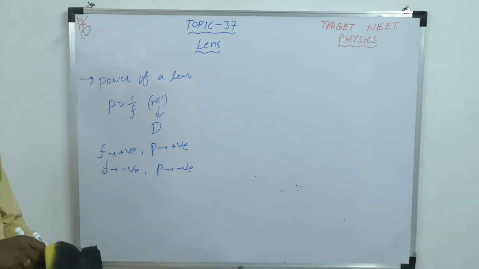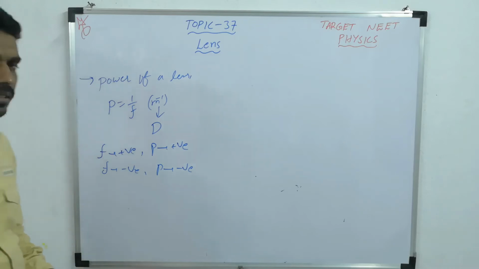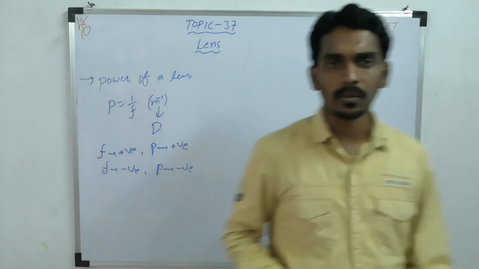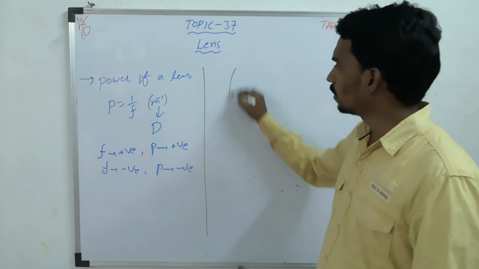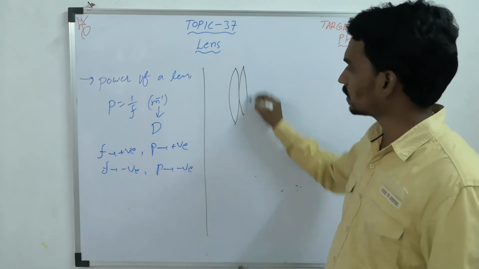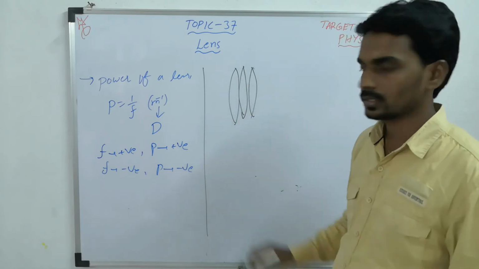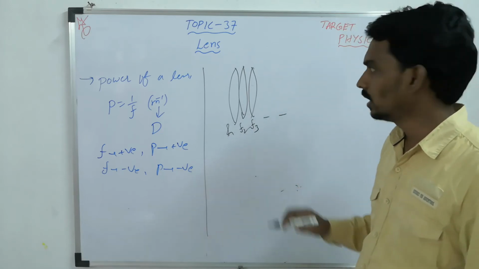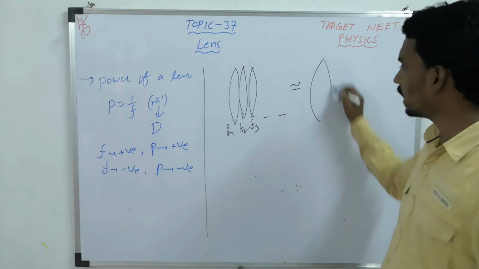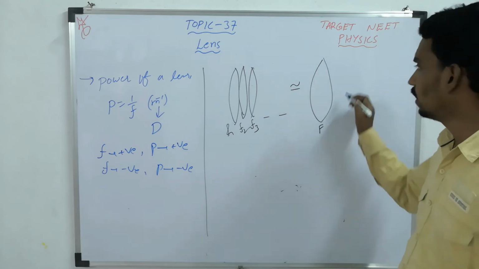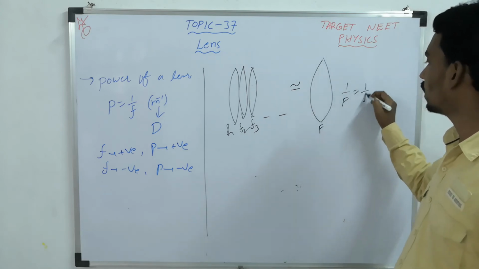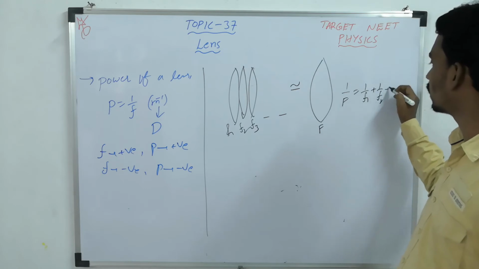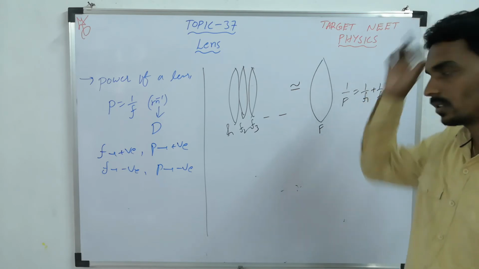And here one more question will come, that is combination of powers. Like you take thin lenses and keep them in contact, with focal lengths f1, f2, f3, and so on. Then the combination acts like one single focal length, where the resultant is given by 1 by f equal to 1 by f1 plus 1 by f2, and so on.